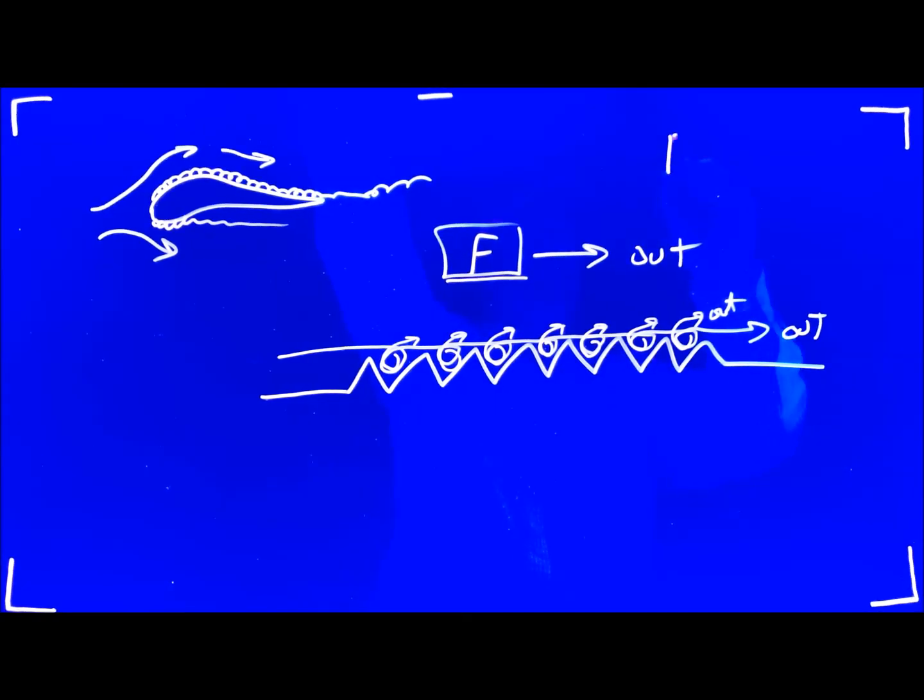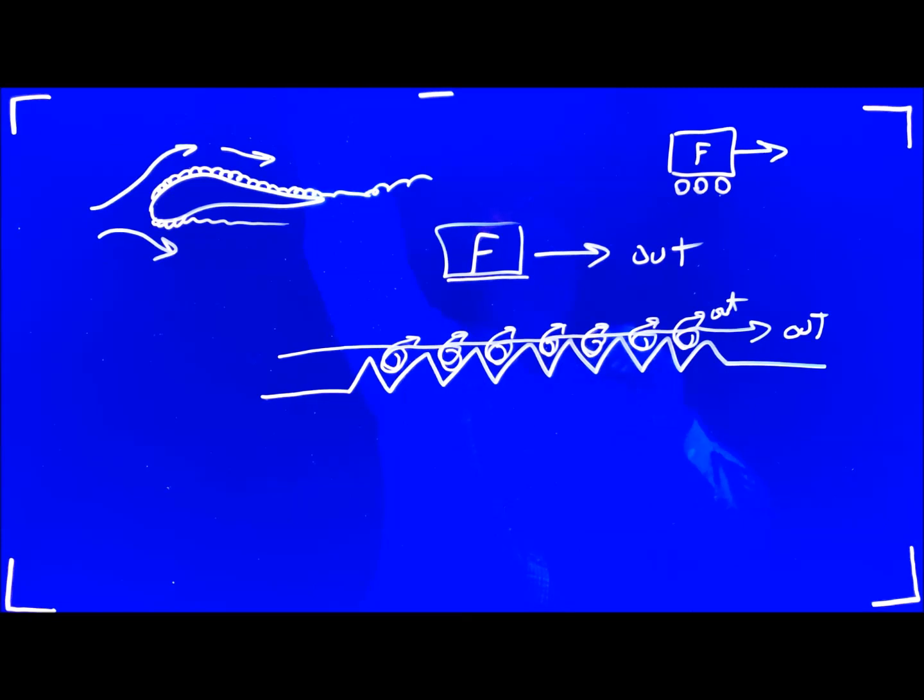Okay, so now let's see what this really means. So here we got our main flow again, and it's like a brick. I drew it like a brick. And it's like rolling on pencils. Here's pencils. And notice the direction of the brick, and then the direction of the rolling pencils to get the brick to go out.